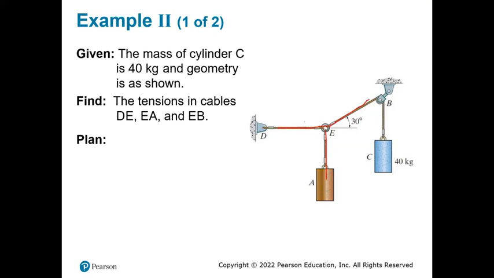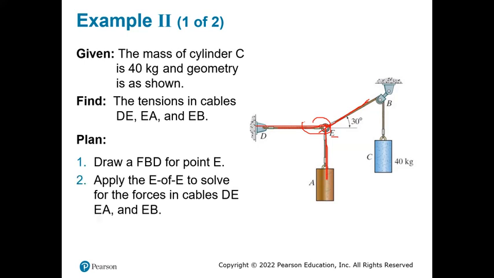So you see where all these forces which they asked to find are joining, it is at E. So it's better to draw the free body diagram at point E. Then you apply the equations of equilibrium and solve to find the forces. So let's draw the free body diagram. Take your time, pause the video and draw the free body diagram, and compare it to see whether you did a good job.